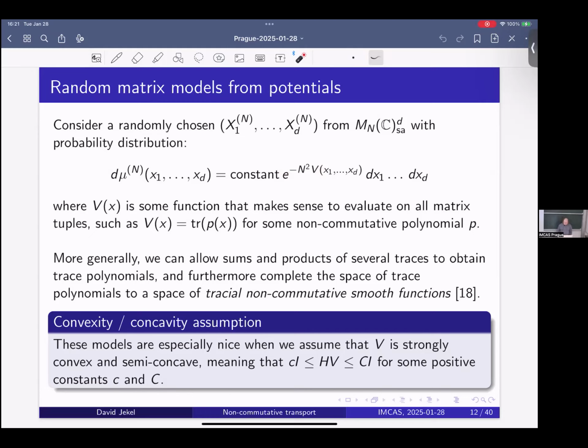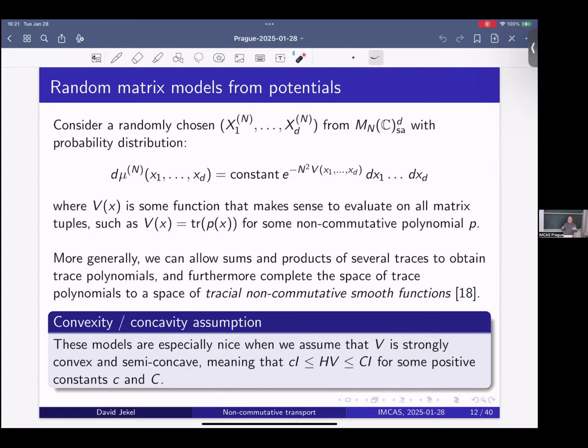And the V that we choose would be some function which makes sense in a uniform way on all the different sizes of matrices. For instance, you could take V to be the trace of some non-commutative polynomial. And more generally, there's some kind of analog of smooth functions in non-commutative variables. In fact, maybe there are several possible definitions, but one of them is in this paper here, which is my paper with Wu-Chen Li and Dimitri Shlyakhtenko. Basically you take traces of different non-commutative polynomials, and then you allow yourself to multiply together different traces, and create this space of trace polynomials.